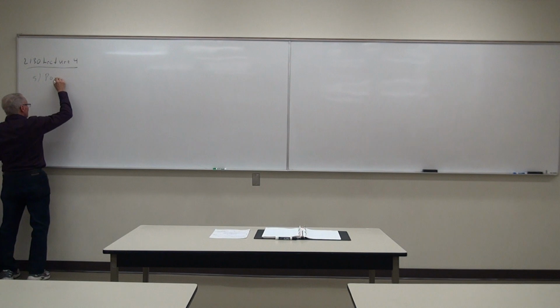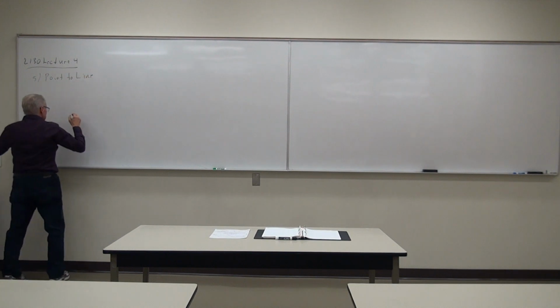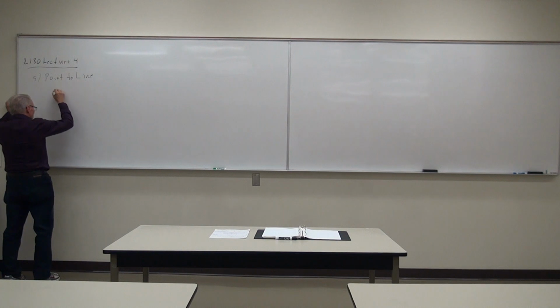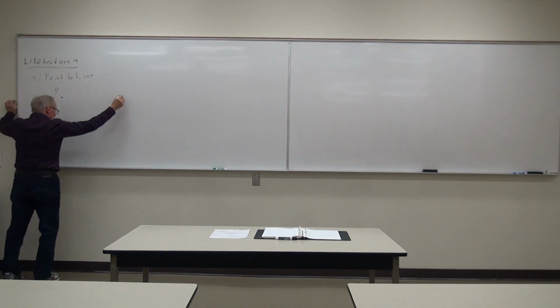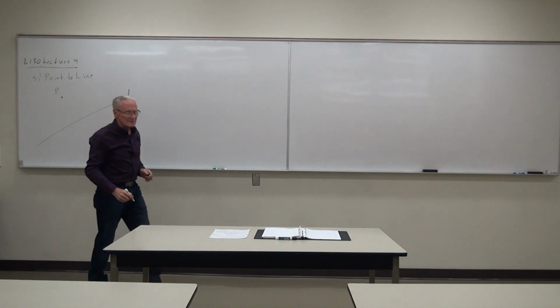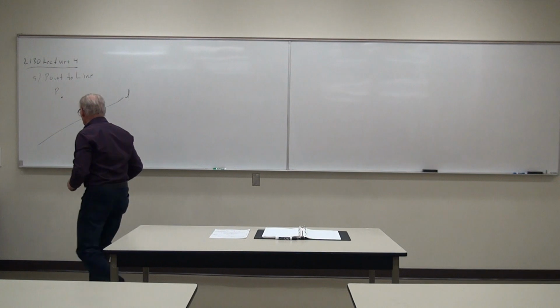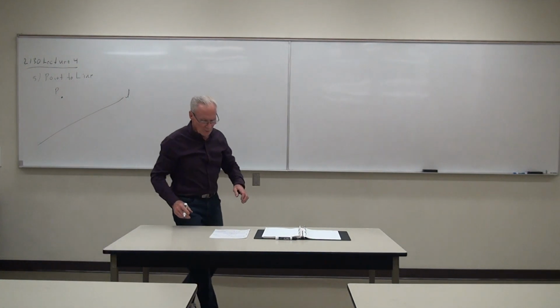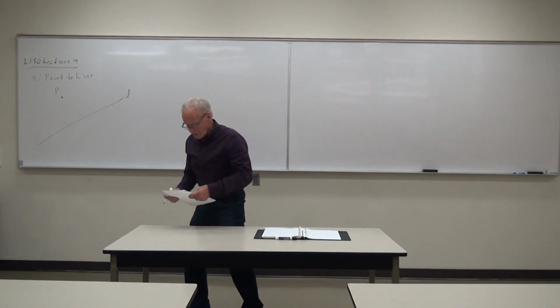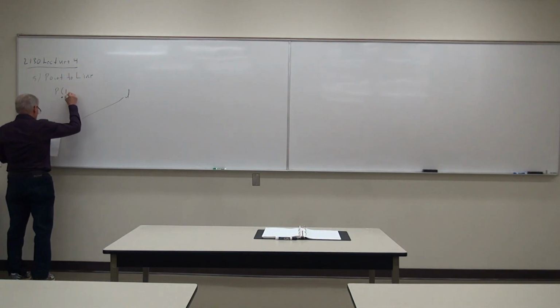Point to line. So visualize that we've got a point here, P, and you've got a line here, L, and you want to find the distance between them. I'm going to illustrate by example, as opposed to produce a general formula. So the point I'm choosing is the point (1, -2, 1).